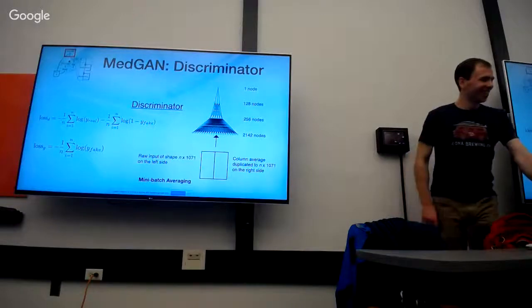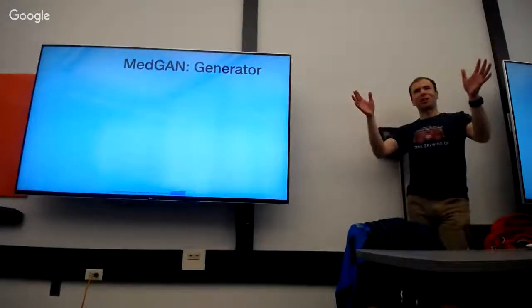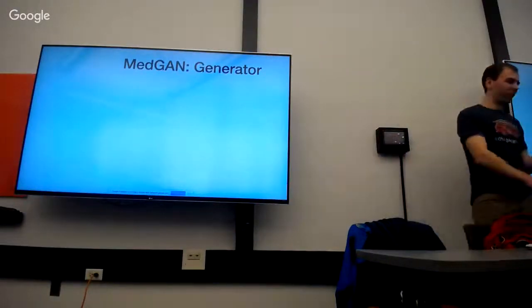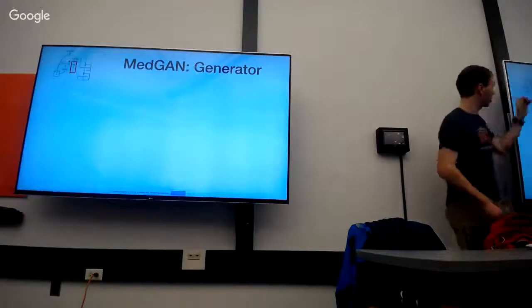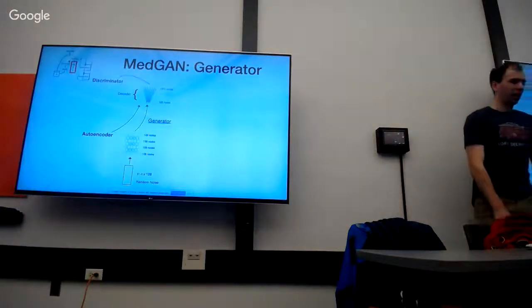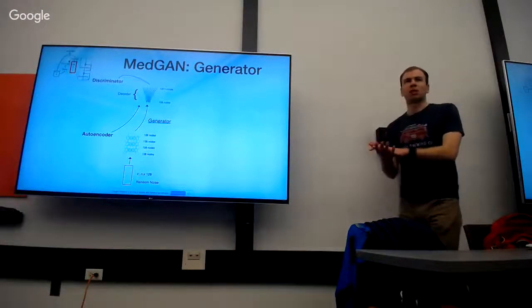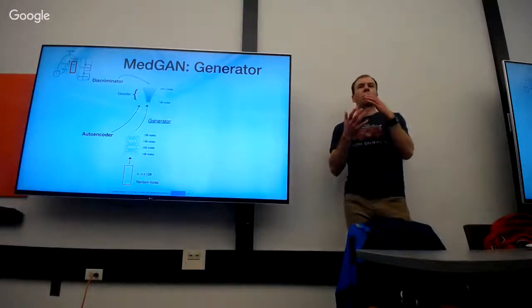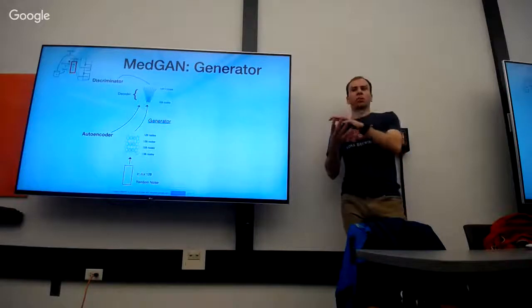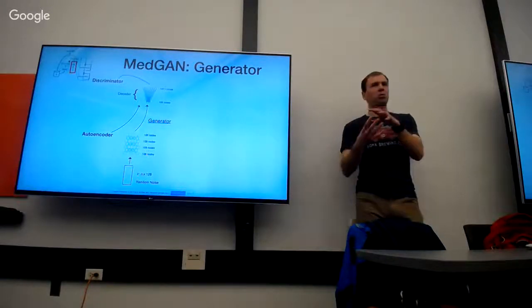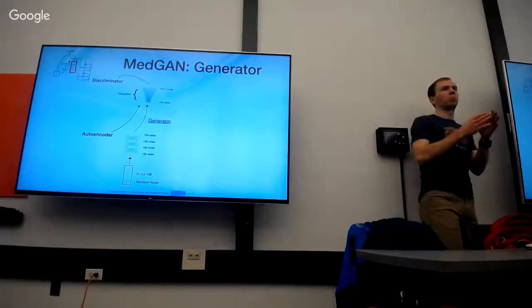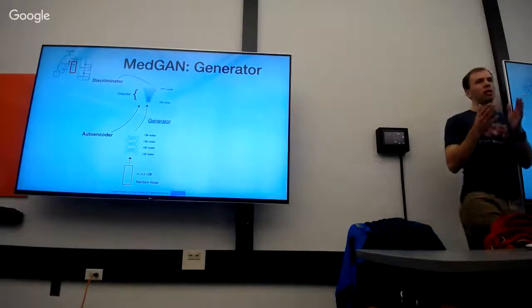Okay, so moving on from the discriminator to the generator, this portion over here. Basically, we're taking our sample size and sampling a random matrix from a random normal distribution, but of only size 128.